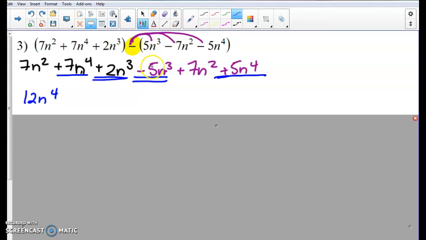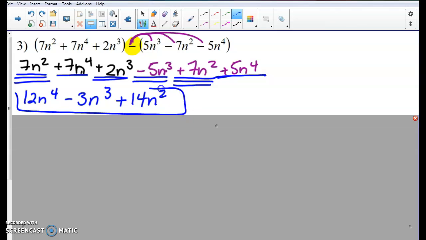So 2 minus 5 is a negative 3, and n cubed stays with it. My next highest is 7n squared and plus 7n squared. So add those coefficients. 7 plus 7 is 14. And n squared stays with it. And we're all good.